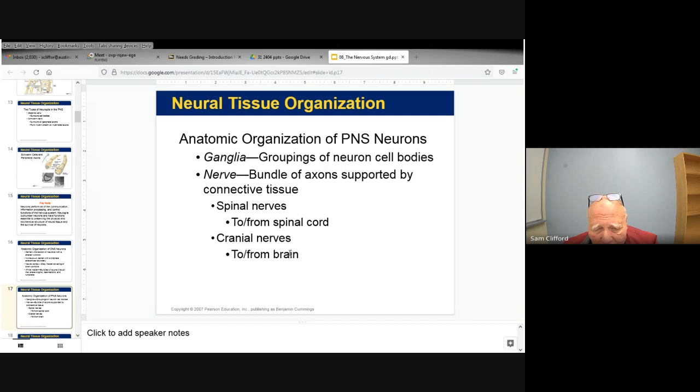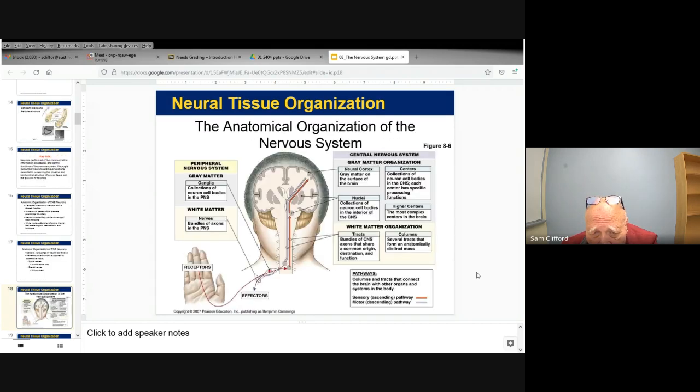Cranial nerves carry messages also, but they originate in the brain, in the medulla oblongata and the pons, and they're involved in functions such as smell or olfactory function, in movement of the eyes, vision, carrying information to the visual cortex, for instance. So we'll talk about these cranial nerves as we get to them.